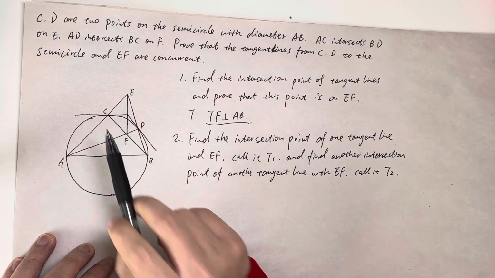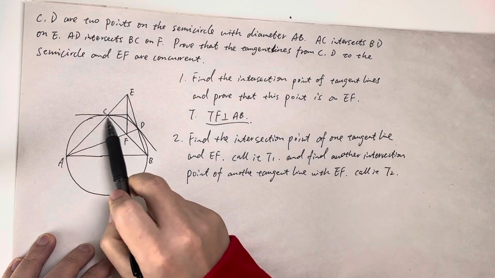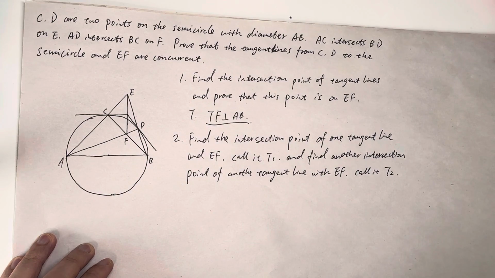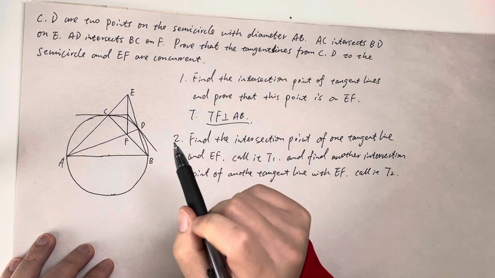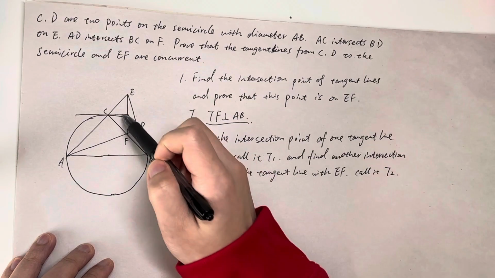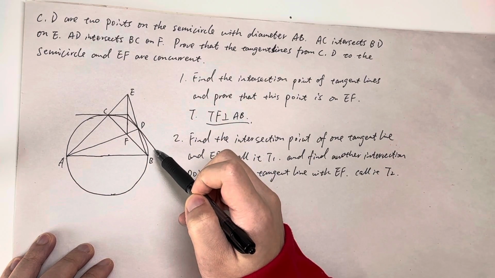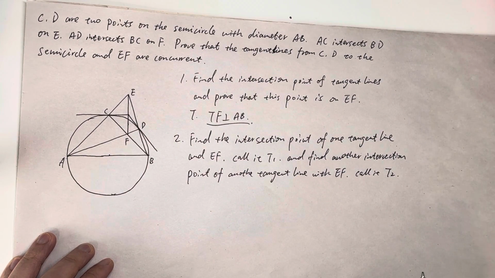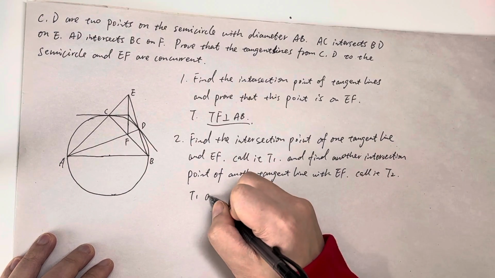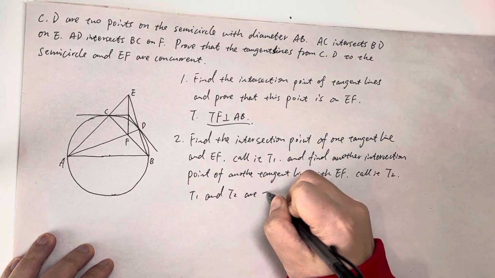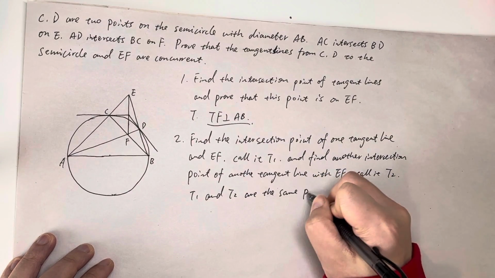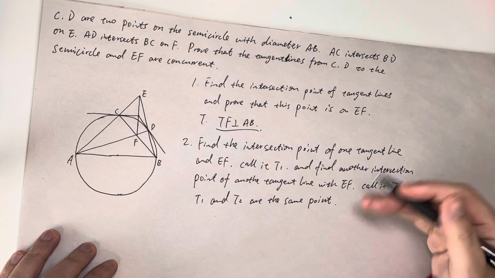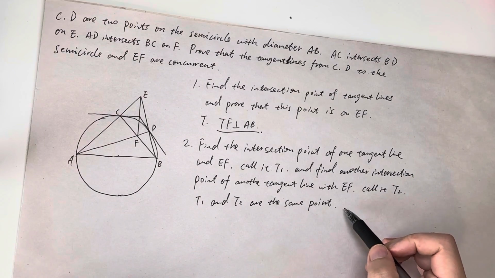Basically, we find the first intersection point of the tangent line passing through C with EF, call that T1, and then we find another intersection point of the tangent line passing through D and EF, and we call this intersection point T2. And we just need to prove that T1 and T2 are the same point. Right, so that's another expression of the problem.